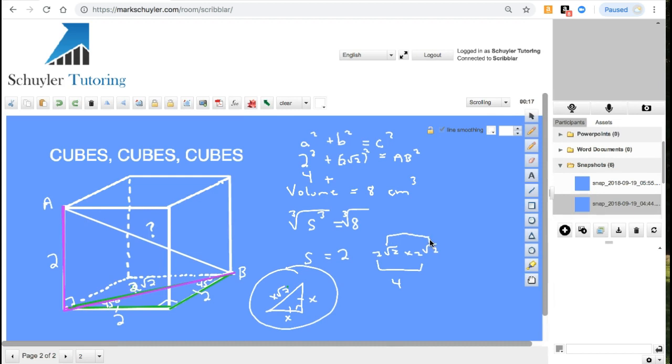Root 2 times root 2 is root 4. But what's root 4 really? It's 2. So 4 times 2 gives us 8. So we're going to end up with 8 here when we square the quantity 2 root 2. And that will equal 4 plus 8 will equal AB squared. So this distance, where I have the question mark right here, is actually going to be root 12.